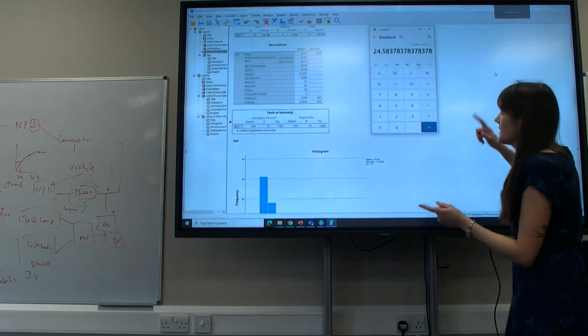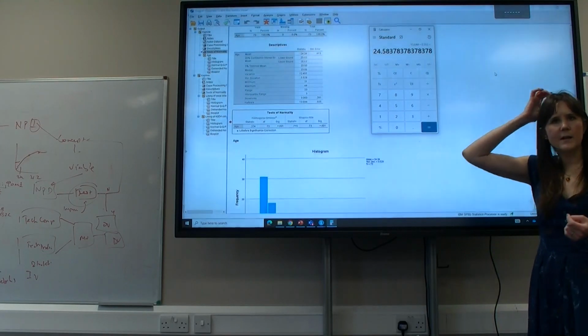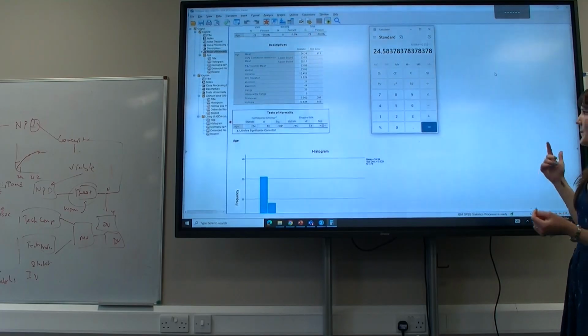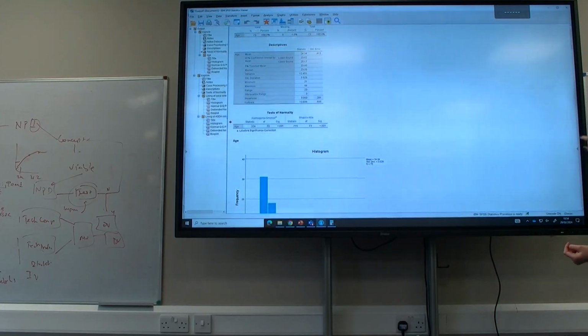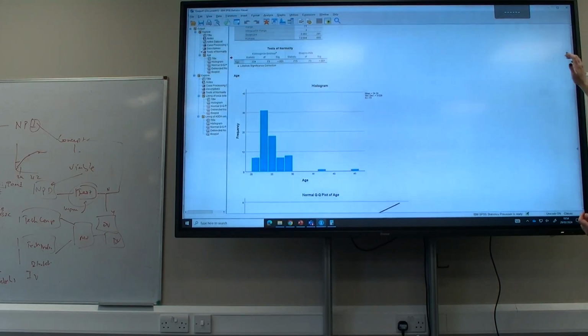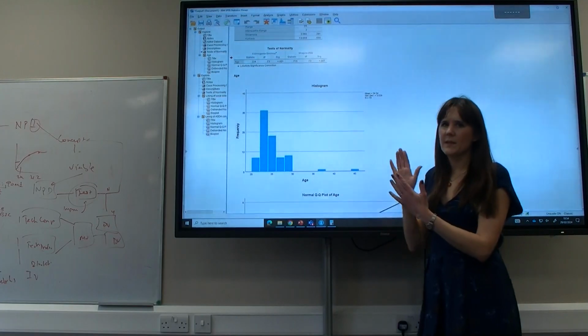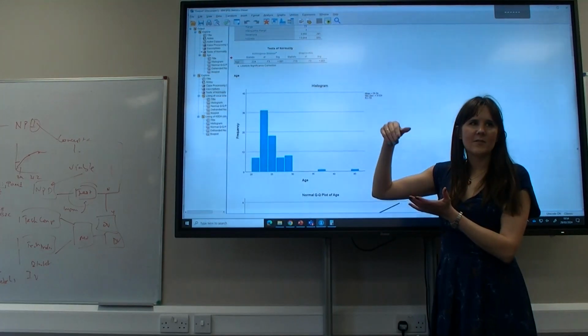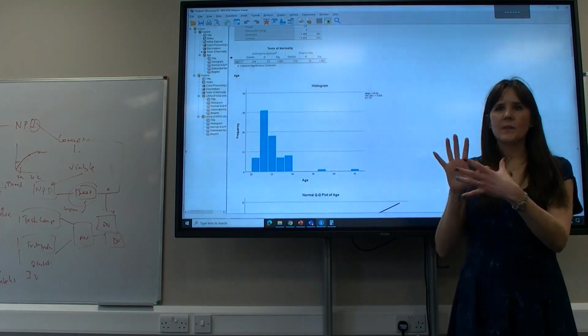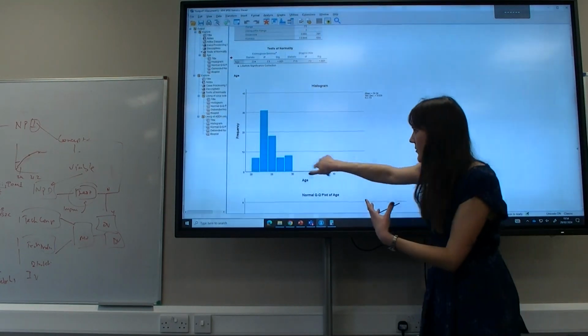Okay, so we've done the Z test for kurtosis, which also came out really high. It's 24. And if we look at the histogram, we can see that the shape of the distribution is leptokurtic, because it's got a very high peak with the scores quite tightly clustered around the mean, apart from the outliers.